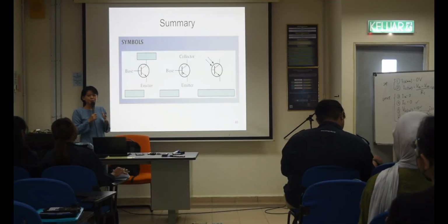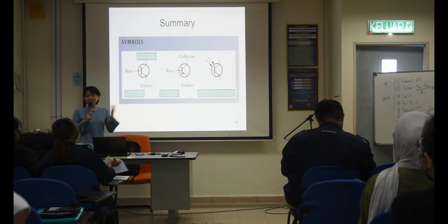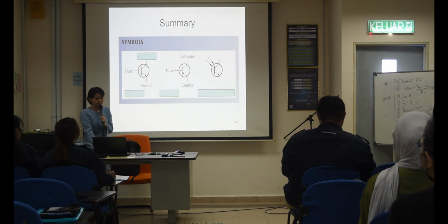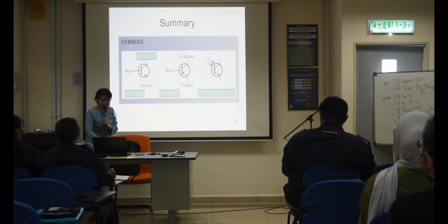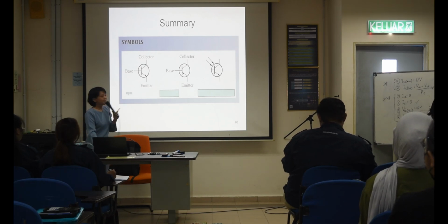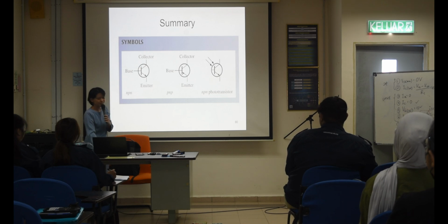So now we come to the end of the class. This is the summary. From this chapter you learn about transistor. So what is this? Yes, good. If you see this one, the arrow going down is what? Going up? Transistor.